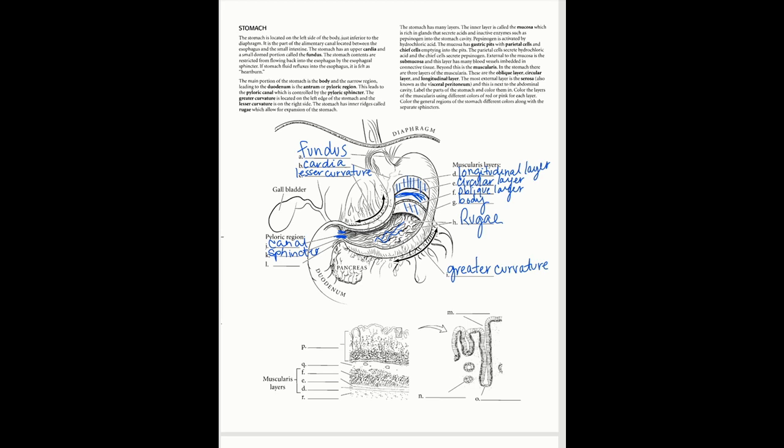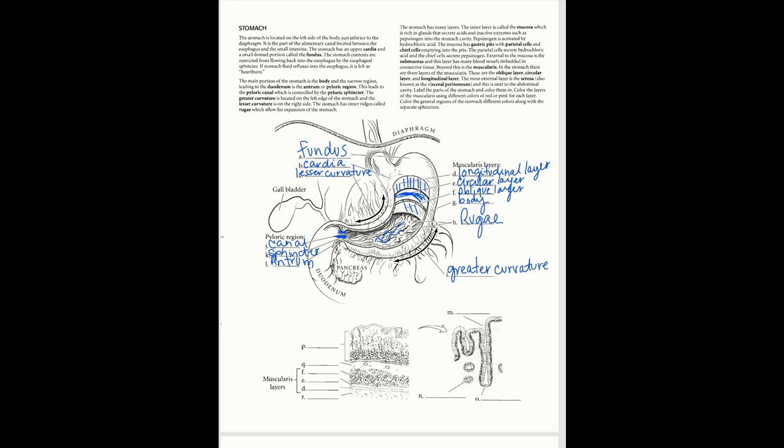This is going to allow closure so that when there's mechanical and chemical digestion occurring in the stomach, we don't accidentally have anything making its way into the small intestine before it's ready to actually move on. And then this is called our antrum. The antrum is just what we refer to as the pyloric region.